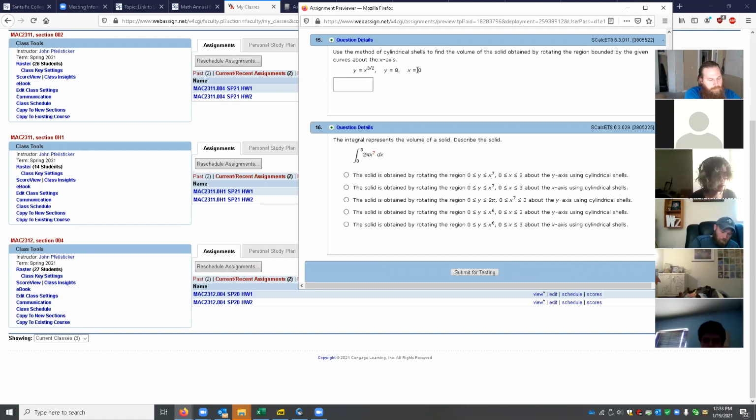Find the volume of the solid obtained by rotating the region bounded by y equals x to the 3/2, y equals 8, x equals 0, about the x-axis. And we want to use shells.